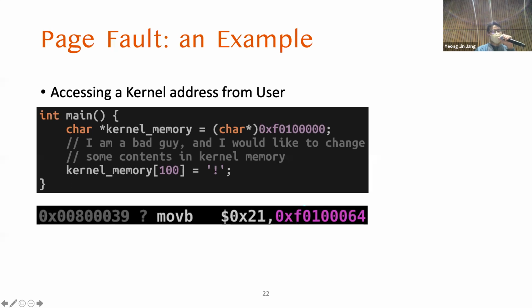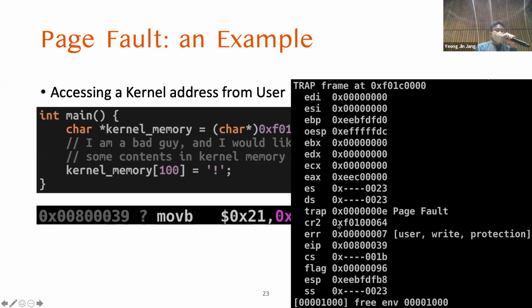That instruction just stores this value into this address. If you try to run this, it will generate this kind of fault at the trap handler. Right now we don't handle the page fault, so whenever a page fault happens, it just prints out what's happening.